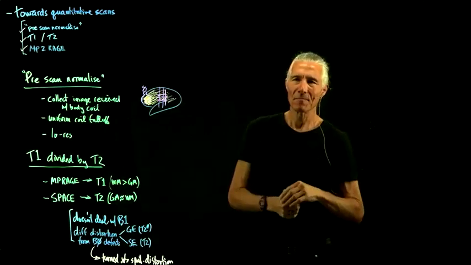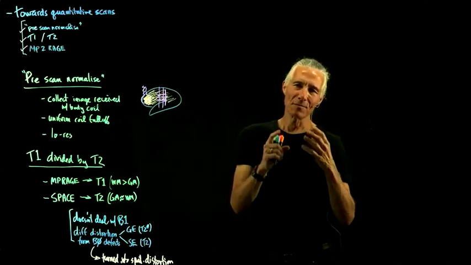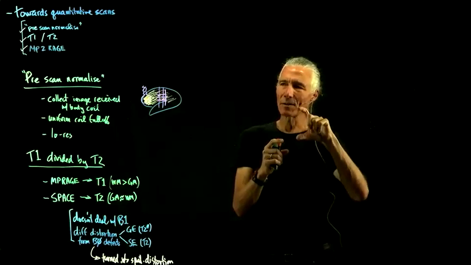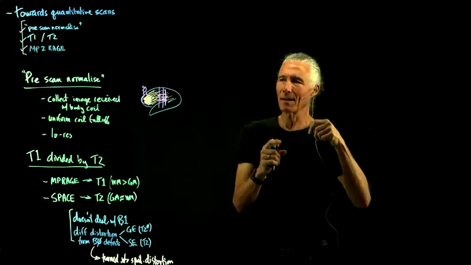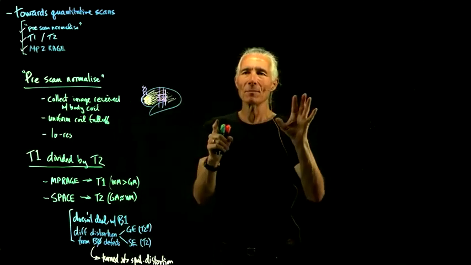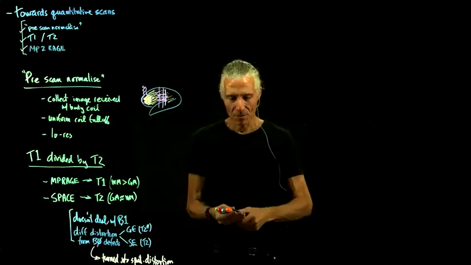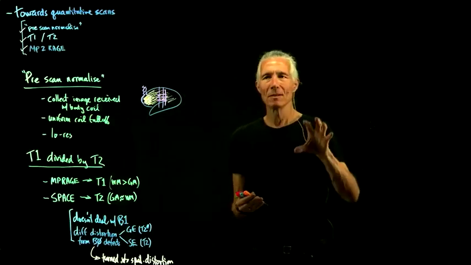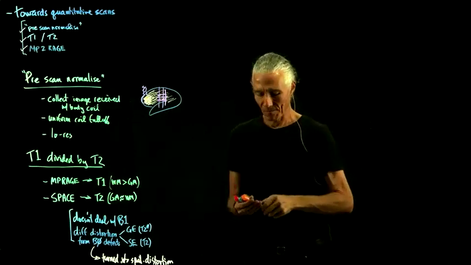That's the spoiling, like spoiled grass, or FLASH, so you use a bunch of low angle pulses to not kill your longitudinal magnetization, and then you try to clean the slate after each pulse. MPRAGE was that combined with an inversion pulse. And that's what MP2RAGE is, except that you record two complete volumes of data after each inversion.